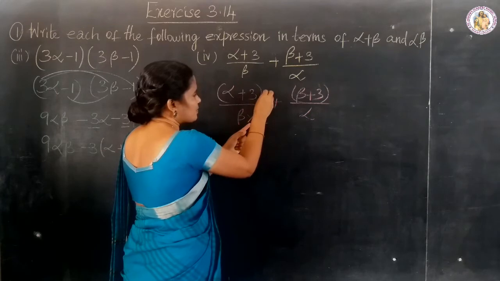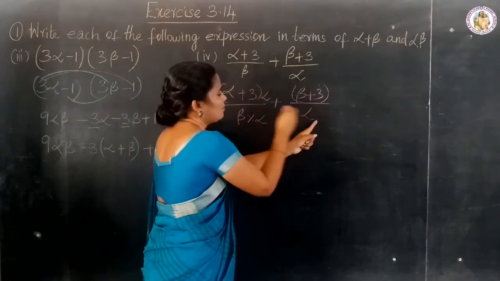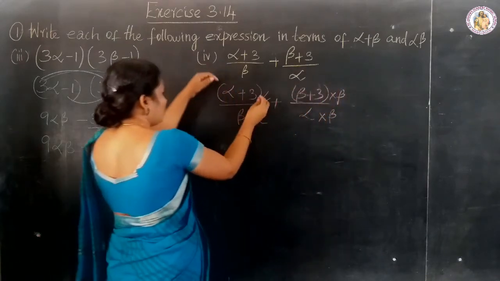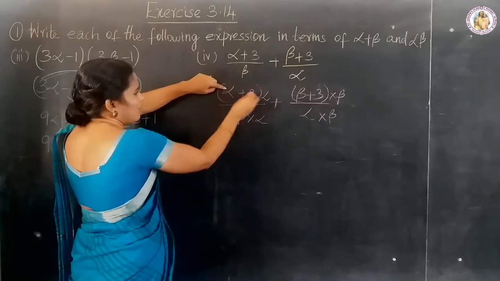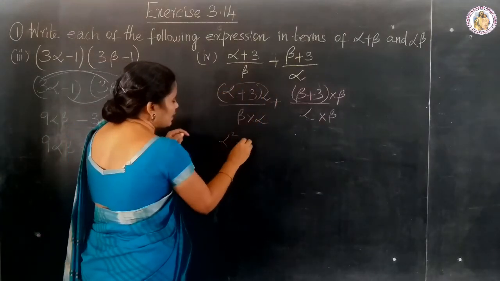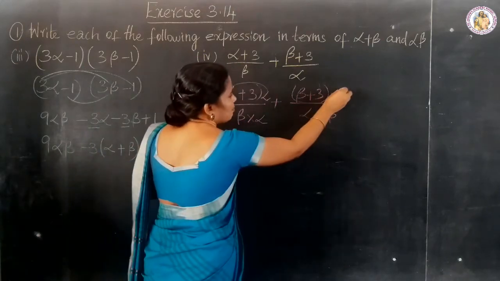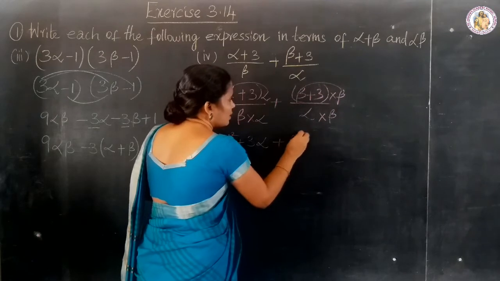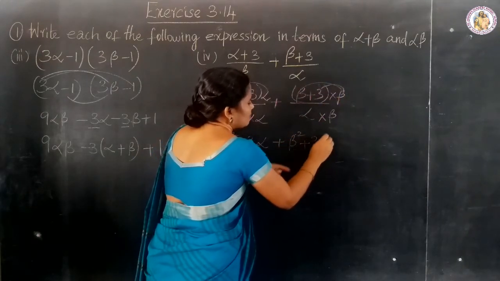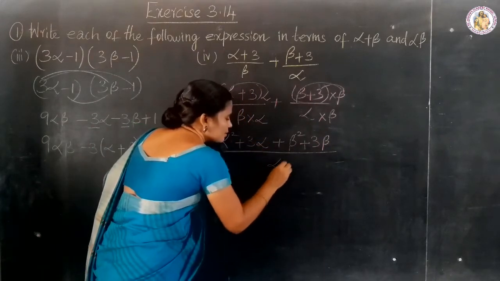The numerator as well as denominator. Okay, and now here with beta. Now multiply alpha into alpha, alpha square, and 3 into alpha, 3 alpha. Then plus beta into beta, beta square, plus 3 into beta, 3 beta, divided by alpha beta, which is common.